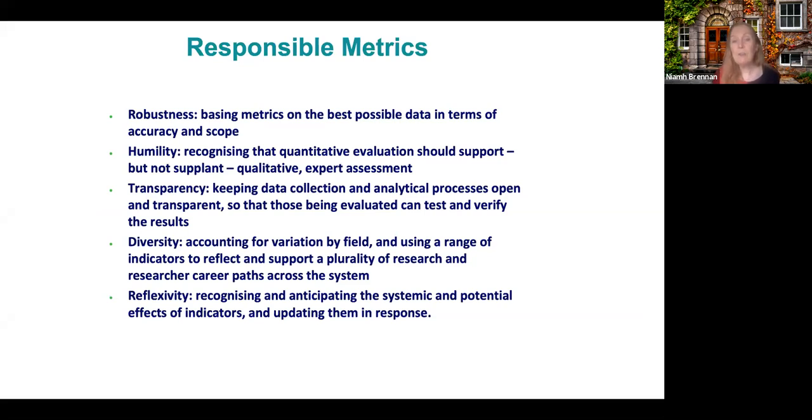Diversity, to account for variation by field and use a range of indicators to support this plurality of research and research career paths. And reflexivity, recognizing and trying to anticipate the effects of the indicators and trying to keep them up to date. So this is always something that's dynamic and moving all along. That's what we have to sign up for, as well as the use of responsible metrics, before we proceed into talking about bibliometrics. So I hope we're all agreed on that.